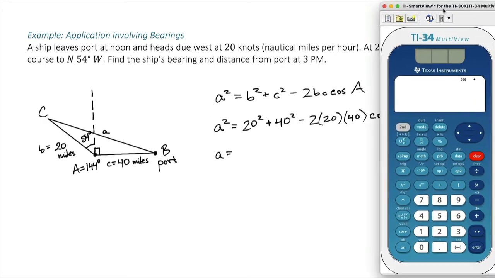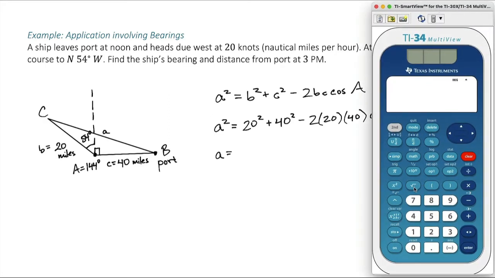Let's go ahead and do that: square root of 20 squared plus 40 squared minus 2 times 20 times 40 times the cosine of 144 degrees. I am in degree mode, so it knows that that is degrees.